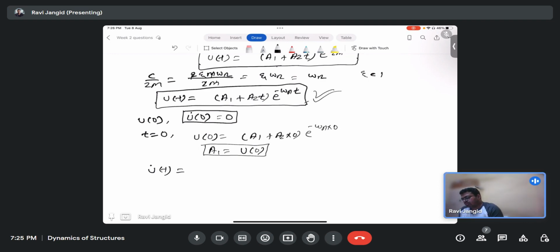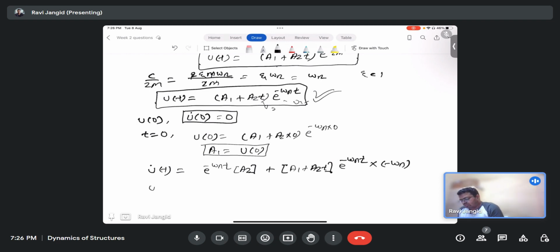Okay, let us do the derivative of this. Let us keep this one as u1 and this as u2. So e to the minus omega n t, and this becomes a2, plus a1 plus a2 t into e to the minus omega n t times minus omega n. This is my derivative.